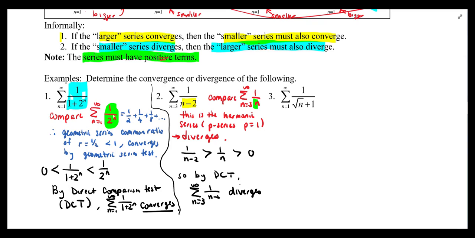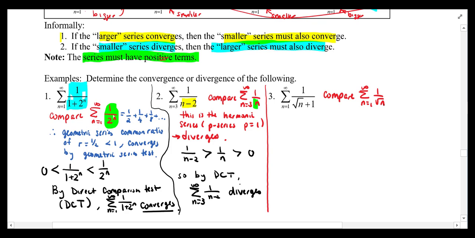Number 3. That plus 1. Yeah, you're thinking, let's compare it to 1 over root n? Sure. I forgot my summation symbol. Compare to the sum from n equals 1 to infinity of 1 over root n.